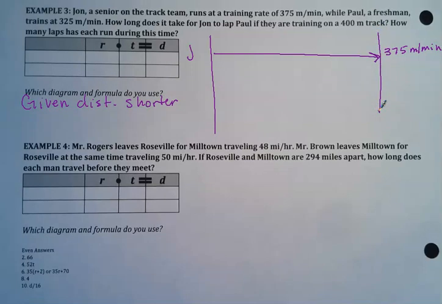So what do we know about Paul then? His is the shorter distance, and he's running at 325 meters per minute.